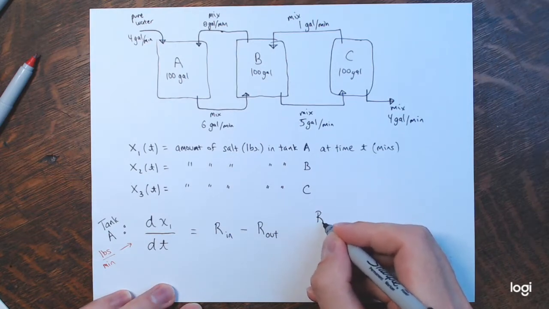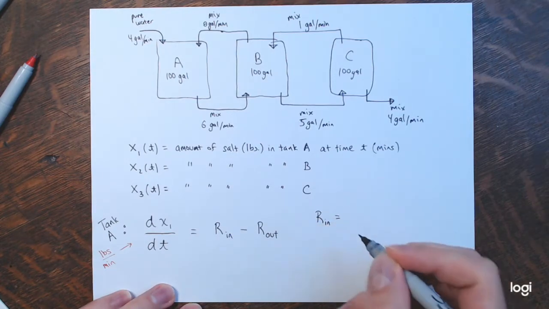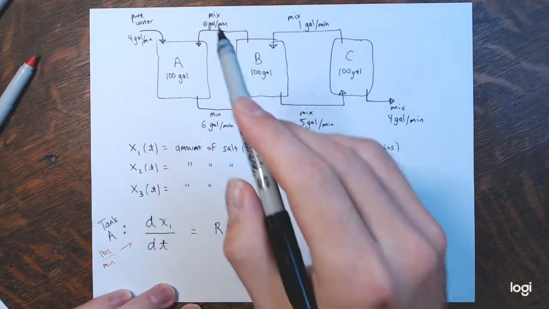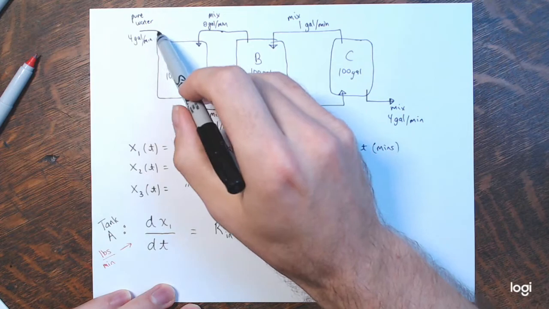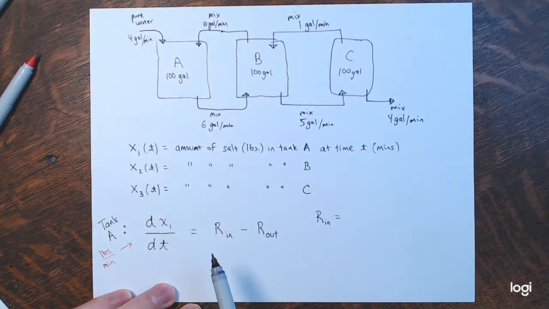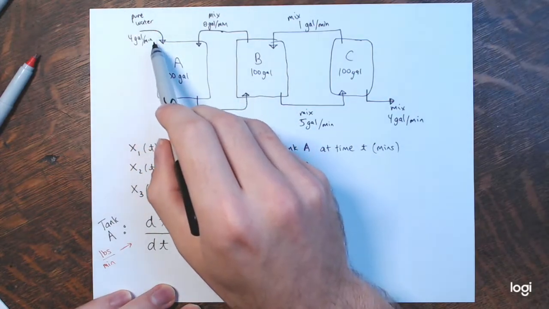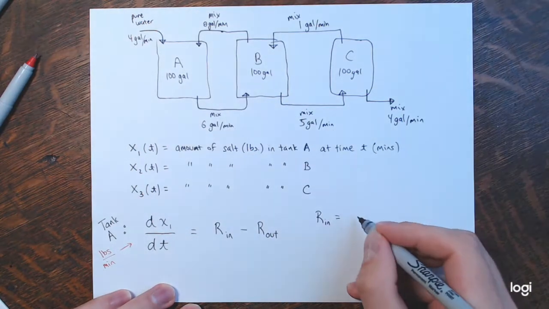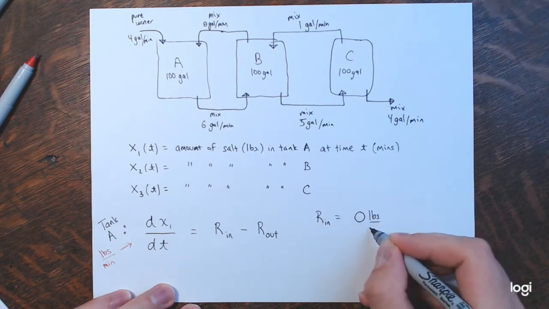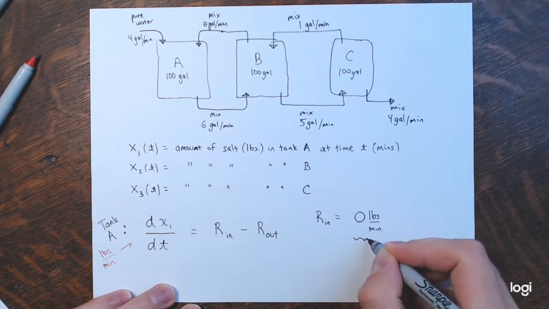So first, the rate at which salt is coming into tank A. Well, you actually have two liquids being pumped into tank A. Now, pure water has no salt at all. So 0 pounds per minute from the pure water.